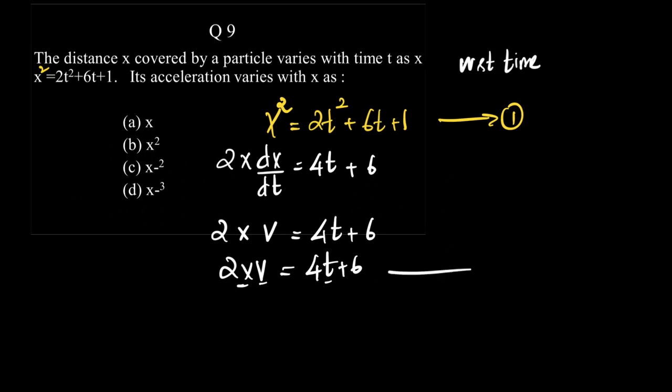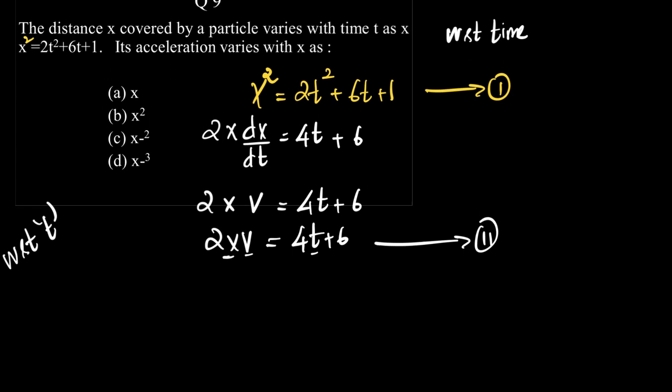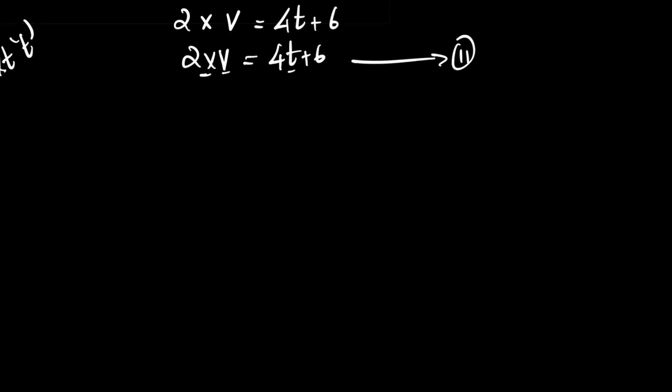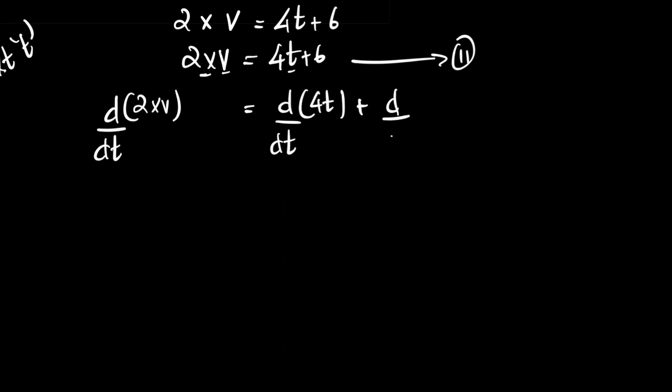See, if I mark this as equation number 2, and again differentiate equation number 2 with respect to t, what do we get? Now I think it is better to write the steps. d by dt of 2xv is equal to d by dt of 4t plus d by dt of 6.